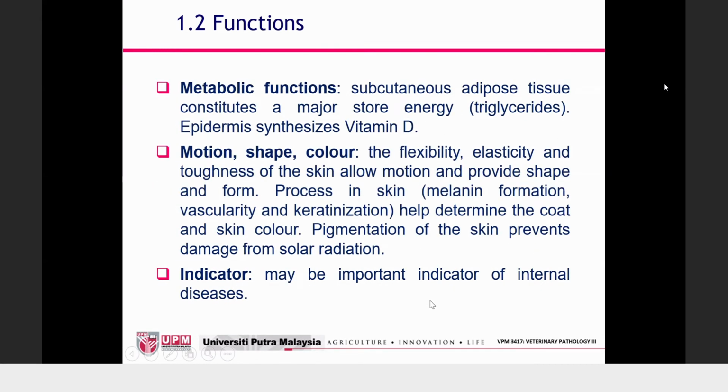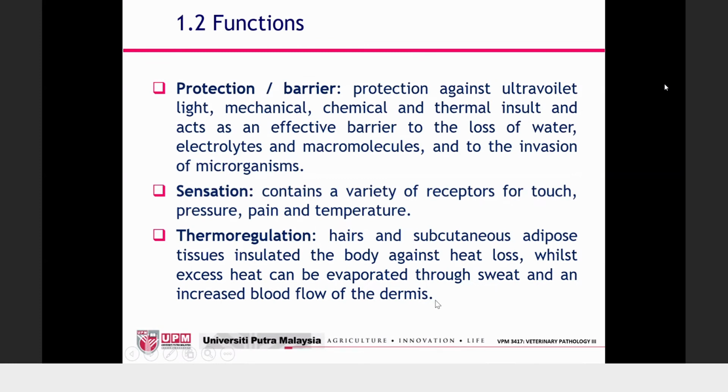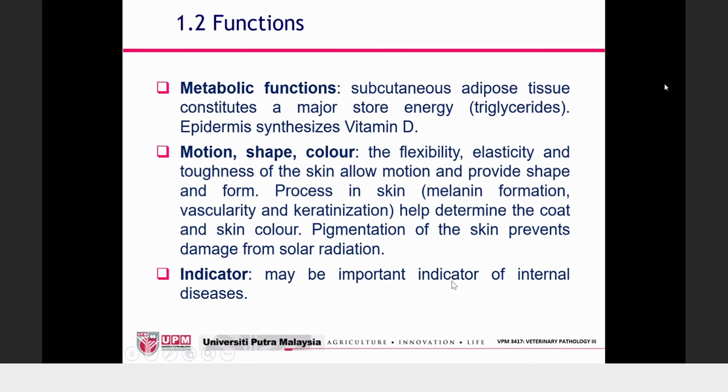Right. So, there are also metabolic functions associated with the skin. Example, the subcutaneous tissue, major store of energy in the form of triglyceride. Okay, and then skin also is important for the synthesis of vitamin D from the sun.